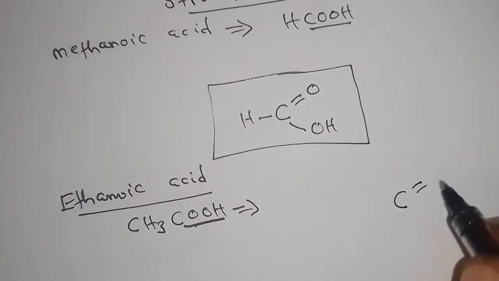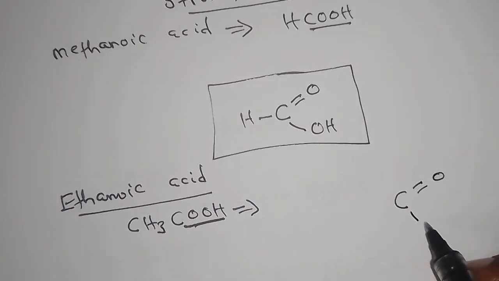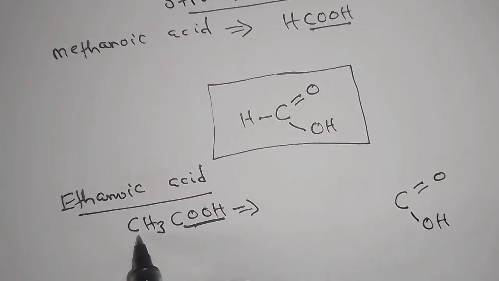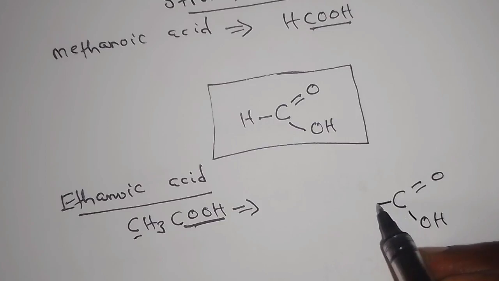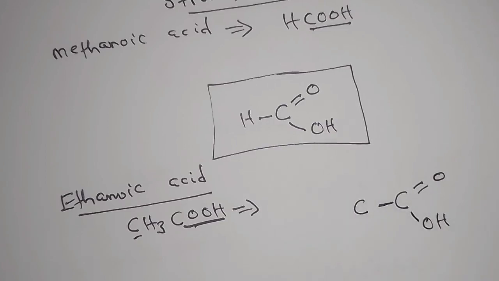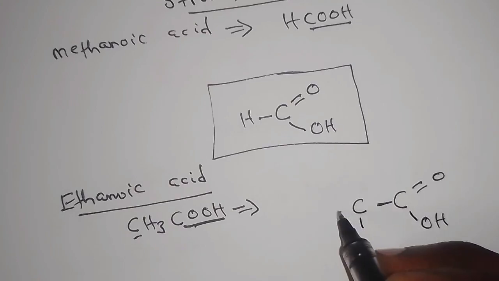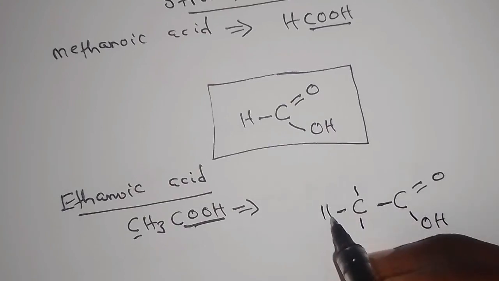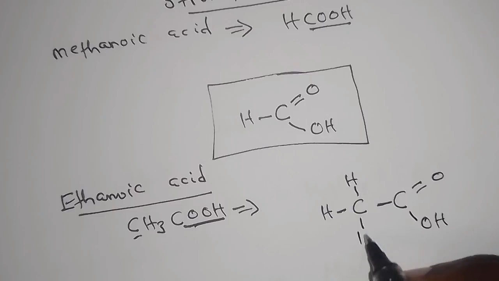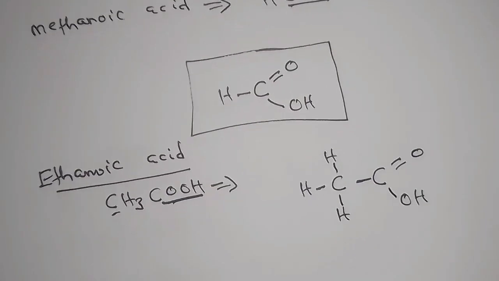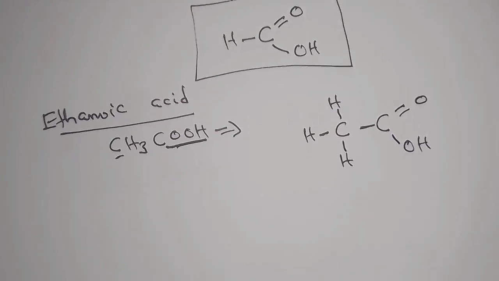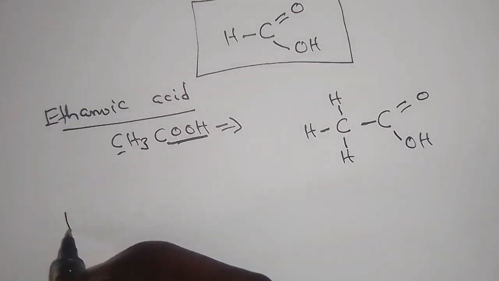So it's going to be C, this one, and this one. And then you put another carbon onto this carbon. It's going to be that. And then you attach 3 atoms of hydrogen, so here, here, there. So you have this. This is the structural formula.